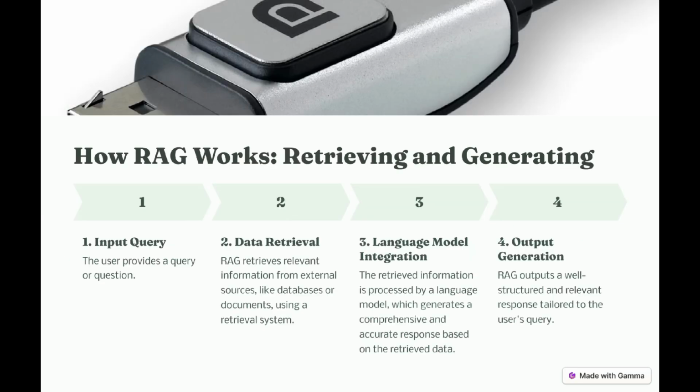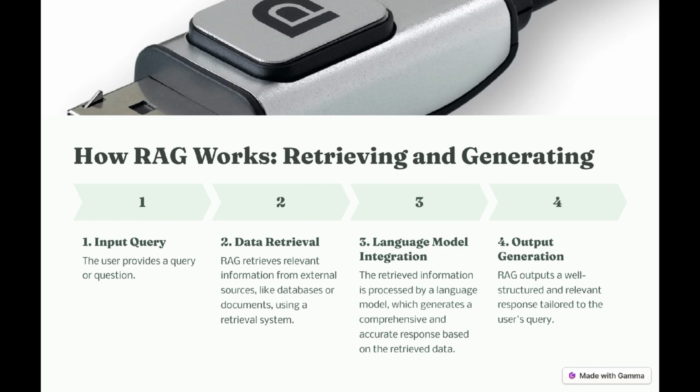Let's break down how RAG works step by step. 1. Input query. You ask a question or provide a query. 2. Data retrieval. RAG searches external sources like databases or documents to find relevant information. 3. Language model integration. The retrieved information is fed into a language model, which processes it for output generation.